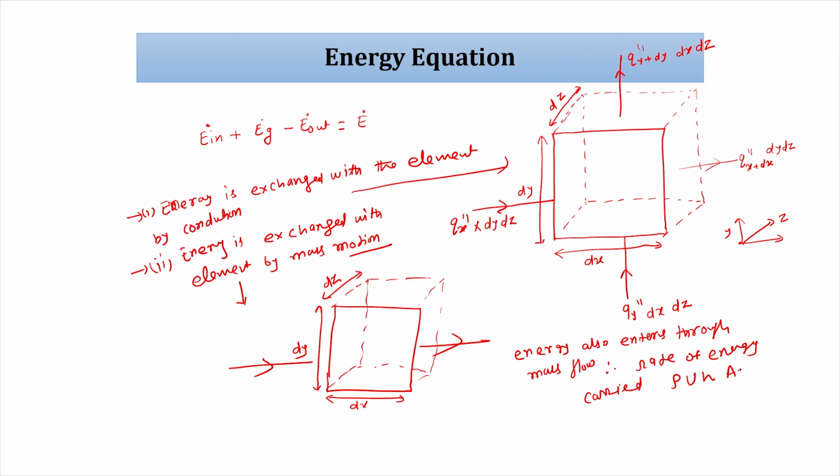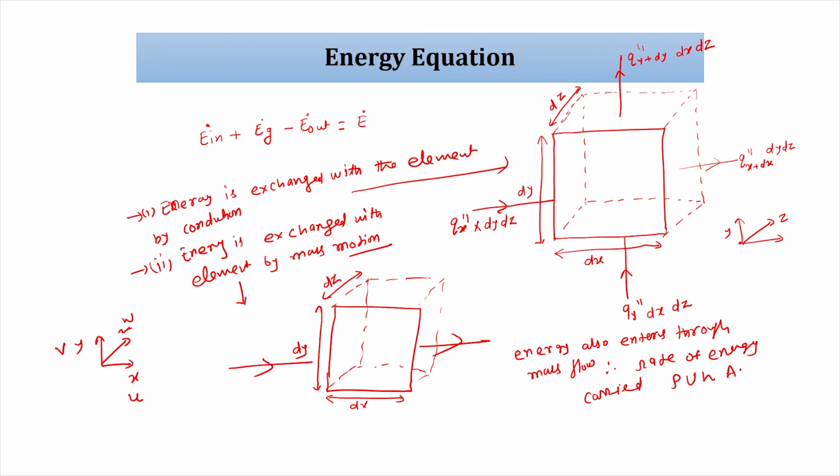The rate of energy carried due to mass flow is rho into velocity into enthalpy into cross section area. So, what can we write here? In the x, y, z directions, what is the velocity? U, v and w, isn't it?